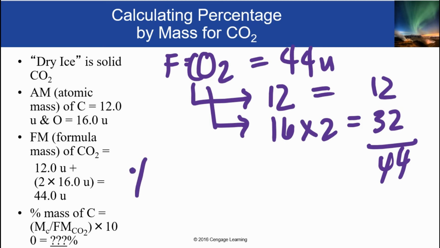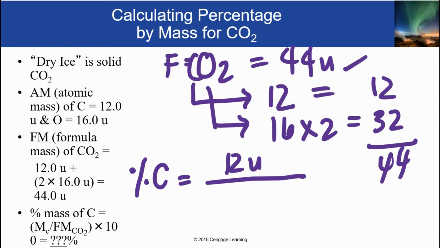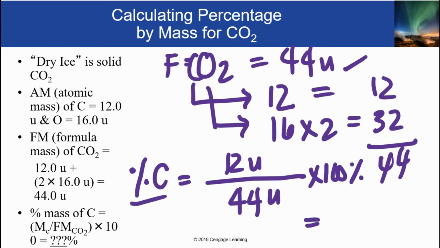So percentage mass of carbon is equal to the atomic mass of carbon, which is 12 U, divided by the formula mass, which is 44. Formula mass ng carbon dioxide ay 44. U times 100. That will give us the percent by mass or percentage by mass of carbon in carbon dioxide.